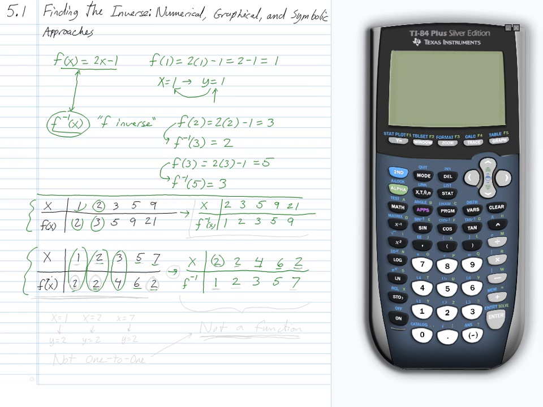Now this example illustrates the danger with the inverses. Thinking back to chapter 1, remember that each input has to give us a unique output. But here we have 2 outputting 1, 2 outputting 2, and 2 outputting 7. So this thing is not a function.